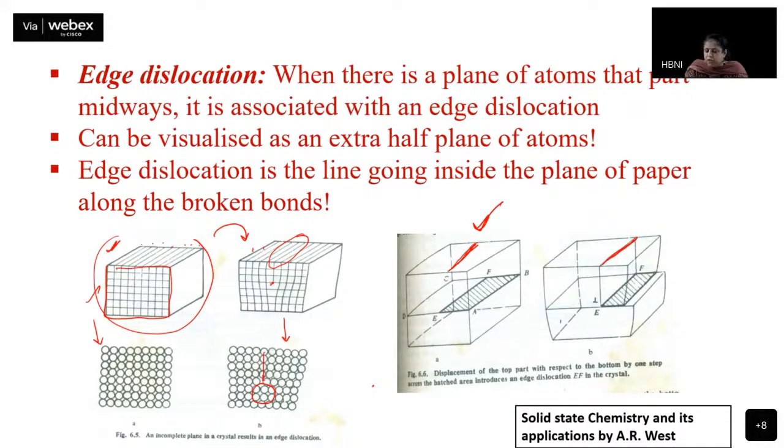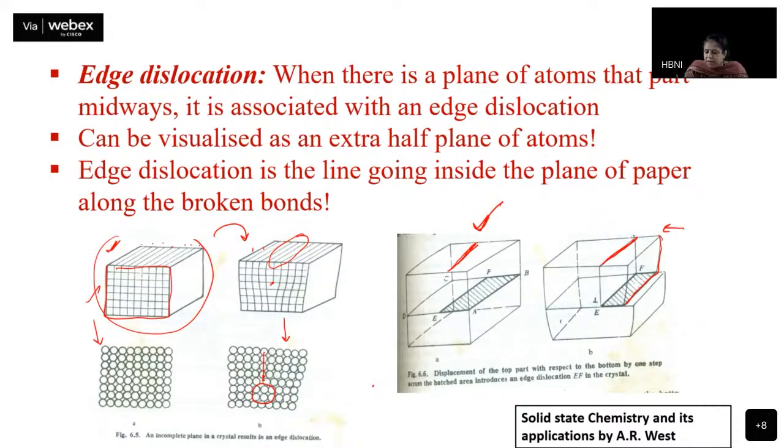Now since you have tried to push it from the right hand side, your first plane of atoms will actually bind with the second plane of atoms in the cuboid, in the rectangle which is lying at the bottom. The second would bind with the third, would bind with the fourth, and so on.